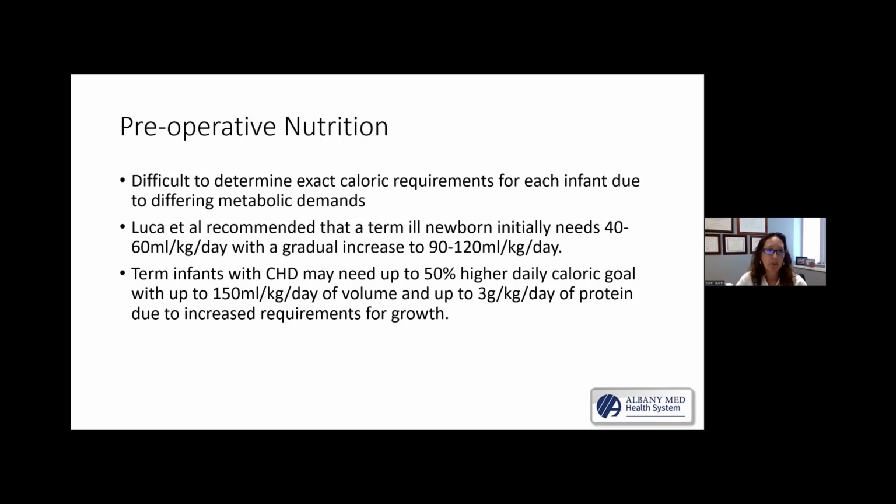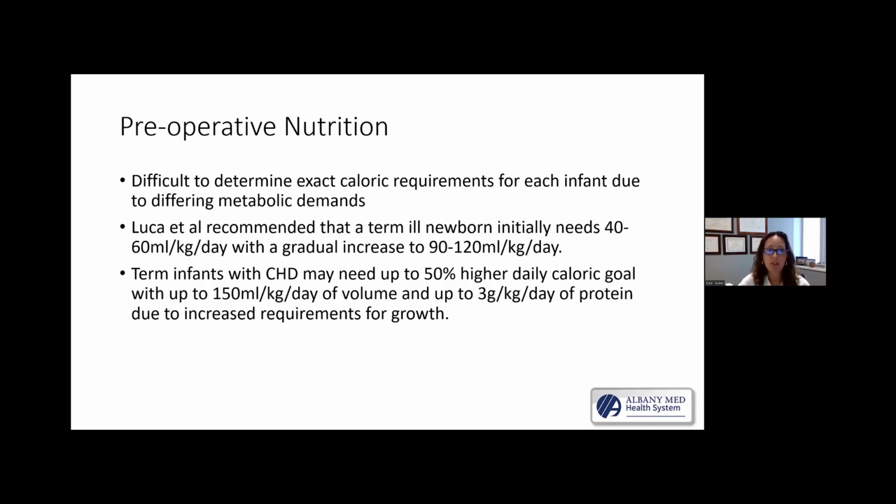I've talked about this a little bit before, but it's really hard to determine the exact caloric requirements for each infant due to differing metabolic demands. Again, the hemodynamic status, what other anatomic abnormalities they have, what kind of medications they're requiring, those all play a role in the caloric needs for each infant. A study by Luca and colleagues recommended that a term ill newborn needs approximately 40 to 60 mL per kilo per day, with a gradual increase to 90 to 120 mL per kilo per day of IV nutrition or enteral nutrition.